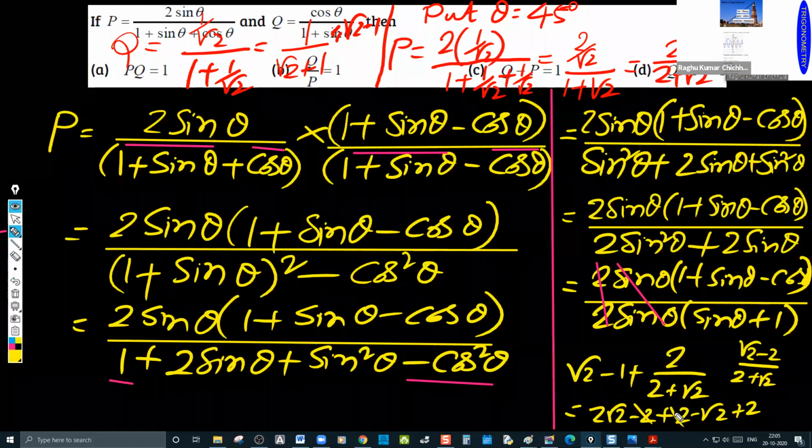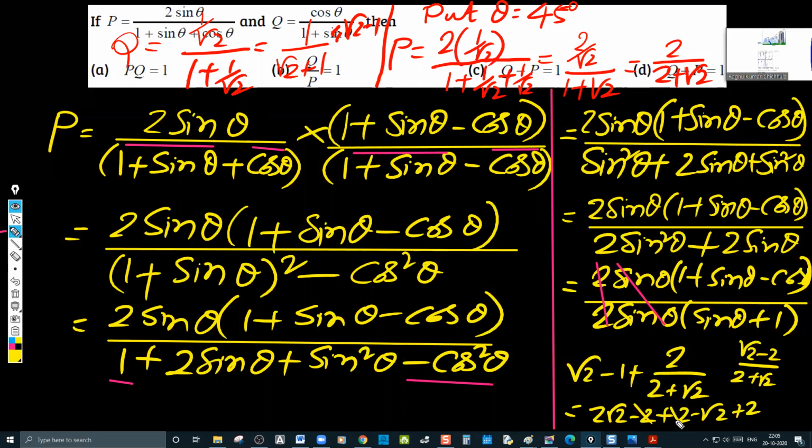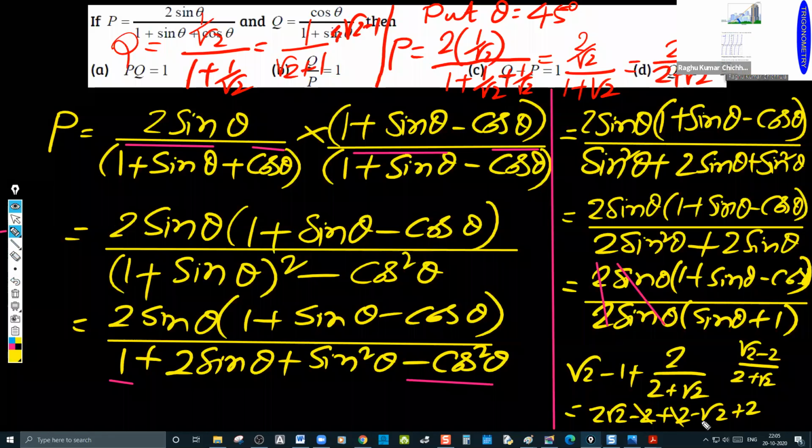These two anyway get cancelled, that's okay. And 2 root 2 minus root 2, root 2 plus 2 is remaining. So the question is wrong. Let us correct it. Just a moment, please.